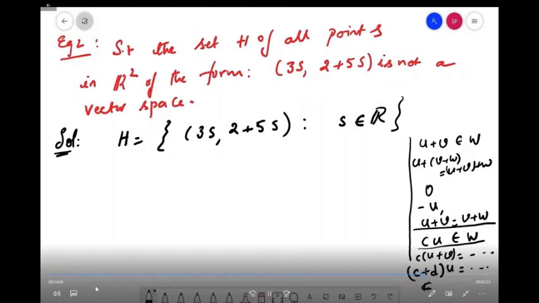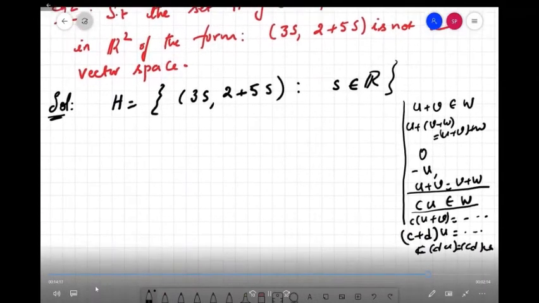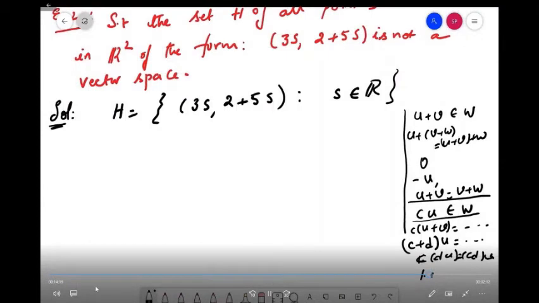Next you have the product C into Du is equal to CD into u, and the last one is 1 into u is equal to u, for all u belonging to W, where 1 is the unity as a scalar.